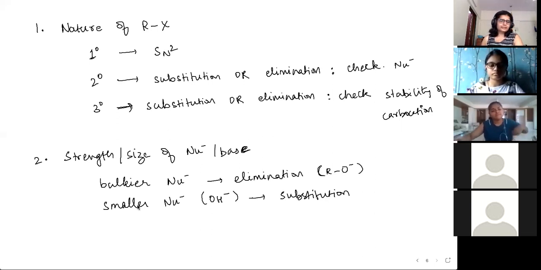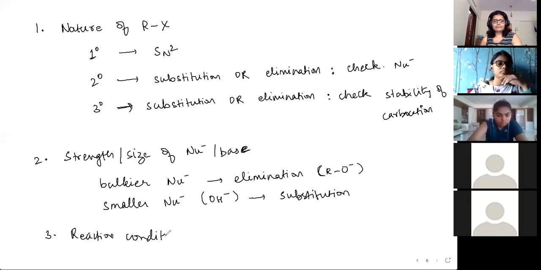And the third one is general reaction conditions, like temperature, pressure. In the case of haloarenes, high temperature, high pressure, you can clearly see that nucleophilic substitution is going to take place.